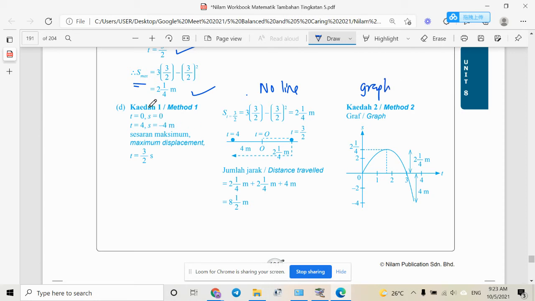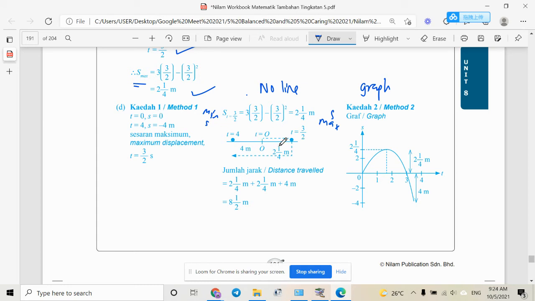So if you want to do method number 1, you need to find when t equals 0, t equals 1, t equals 2, whatever, s is equal to what, so that you know the position of the movement. And then remember, find maximum and minimum. This part is maximum s. This part is minimum s. So that we know until where it turn back.